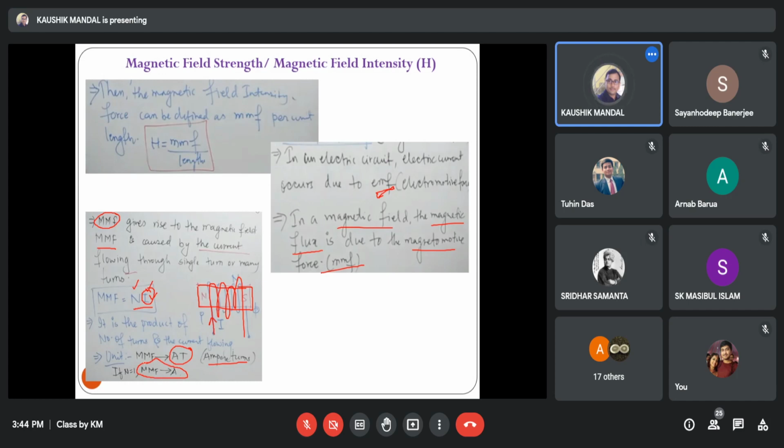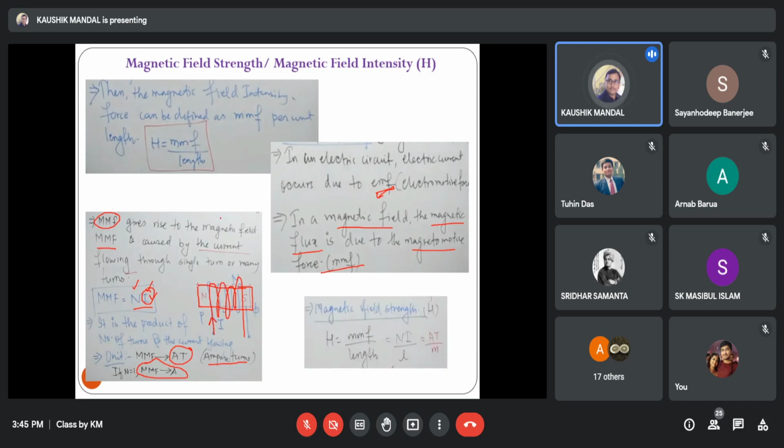So in general, if you have to say what the unit of magnetomotive force is, your answer will be ampere into turns, not ampere. You will not be confused by that. The unit of current is ampere, the unit of MMF is ampere turns. If the number of turns is 1, then MMF becomes ampere only.